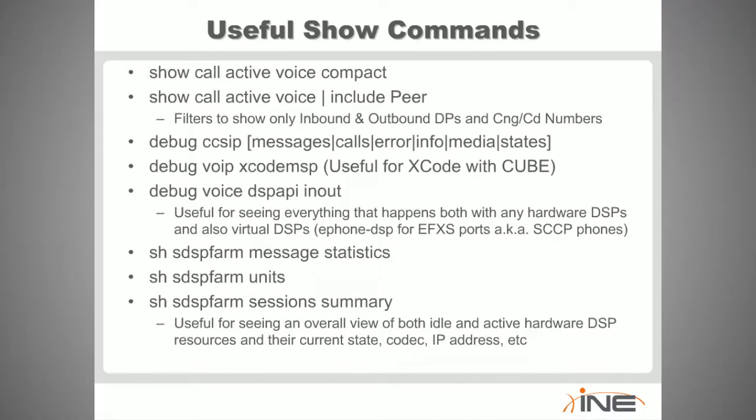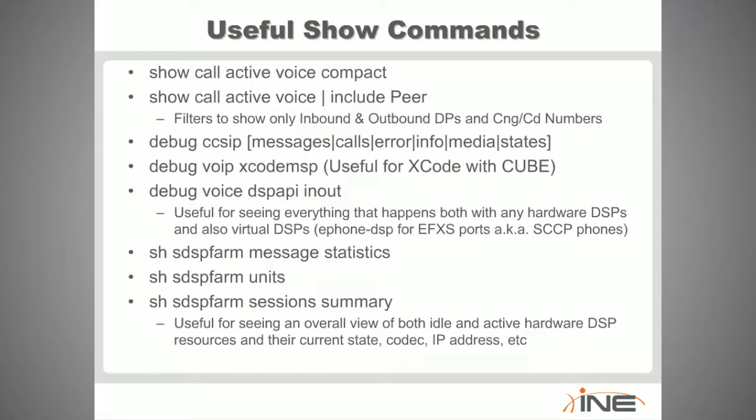We're going to use this one a little bit today, debug voice dsp api, so the digital signal processor API, application programming interface, for both in and out states. This is useful for seeing everything that happens with both any hardware DSPs, but also any virtual DSPs. So ePhone DN DSP for an eFXS, or electronic FXS port, also known as the skinny phones.